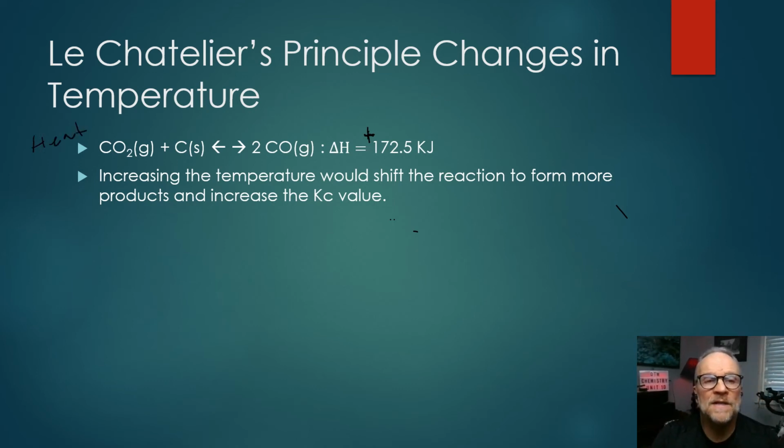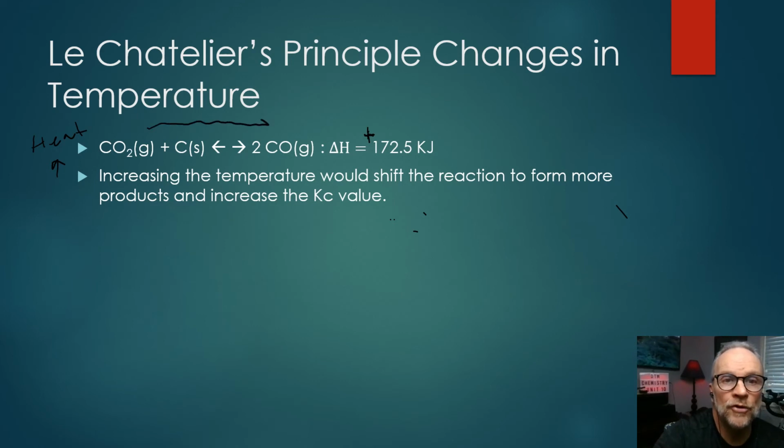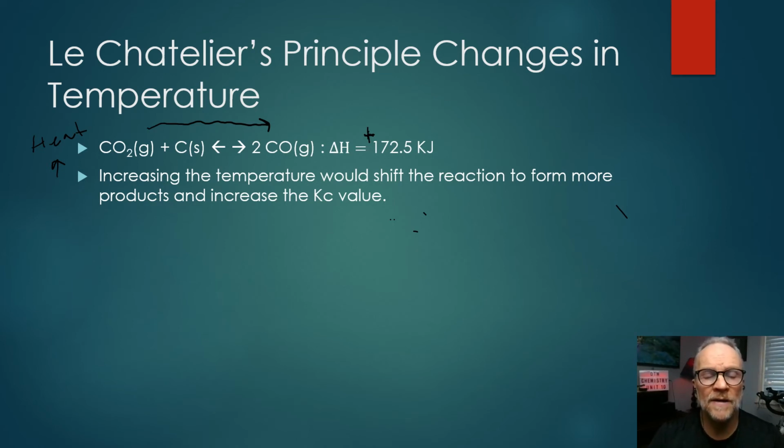Increasing the temperature is going to shift it away from that, so it's going to form more products and therefore increase the value of Kc. Remember, when we write Kc, it's always going to be the products over the reactants.